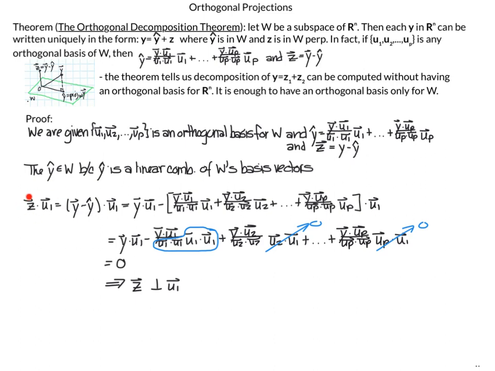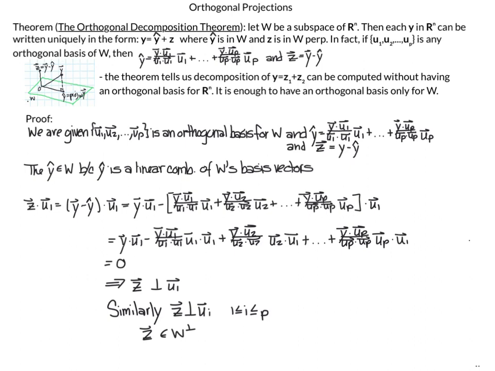So since the dot product of z and u1 equals 0, that implies that z is perpendicular to u1. Similarly, I can show that z is perpendicular to all the basis vectors for W, and therefore z is in W perp.